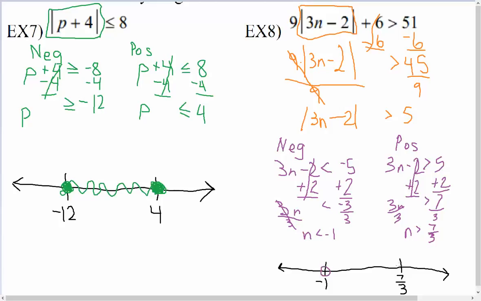Now in this case, because it's greater than and less than as our symbols, we don't have the equal to, so we leave the dots open. So this first statement says n is less than negative 1, so it's all the numbers smaller than negative 1. And then n is bigger than 7/3, so all the numbers to the right are bigger than 7/3.